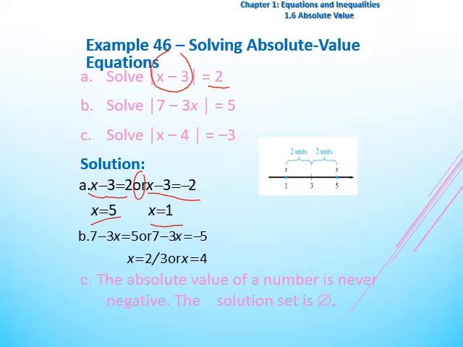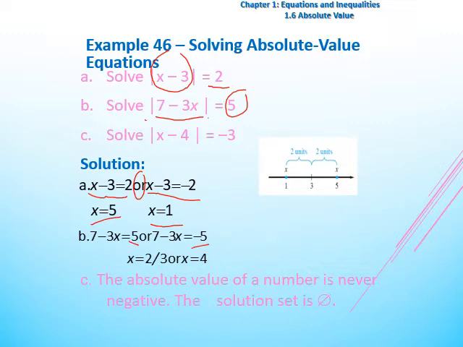Let's take another example: the absolute value of 7 minus 3x is equal to 5. Again, we will do the same steps. Please take care. We will eliminate the absolute value sign and get the right hand side first with a positive sign and then with a negative sign.